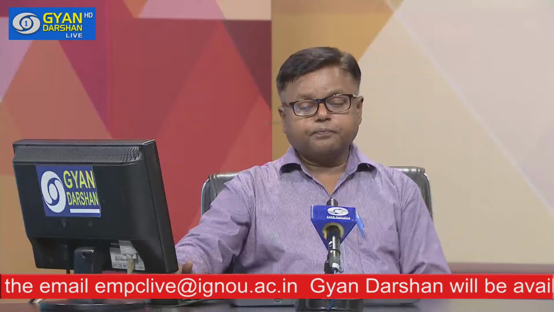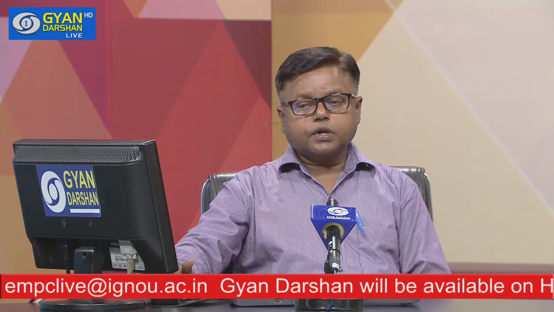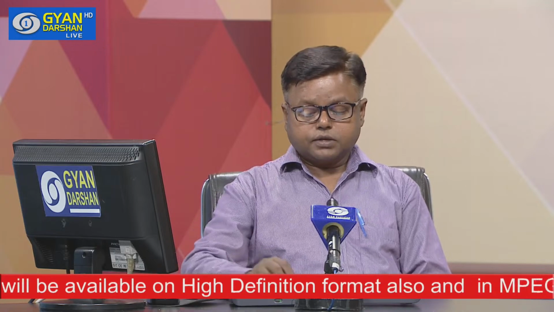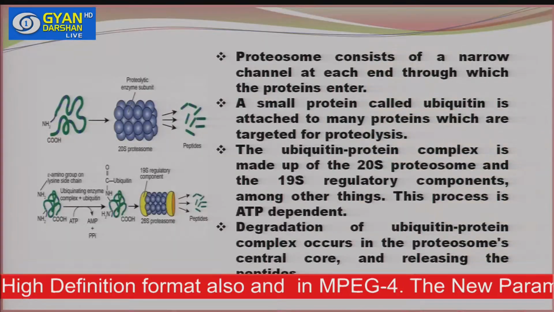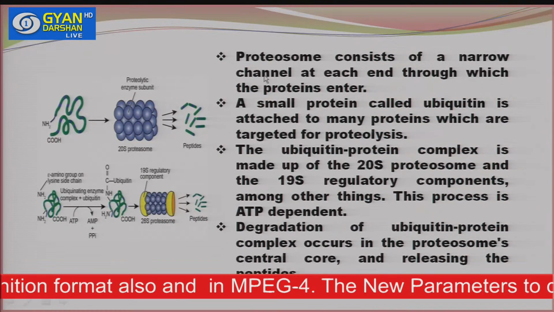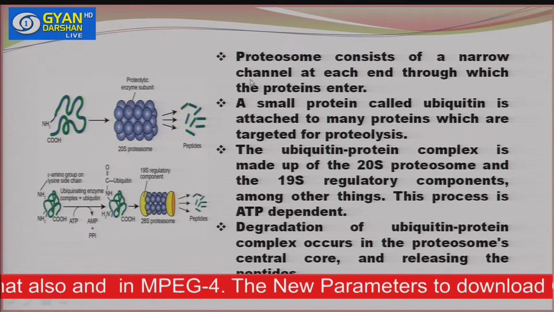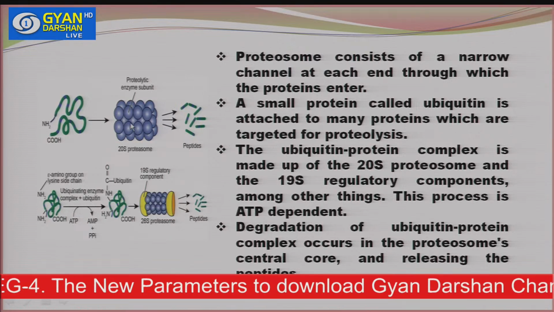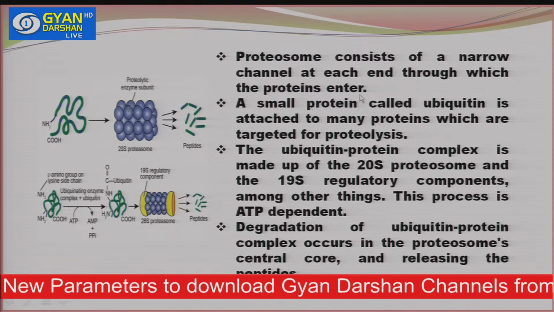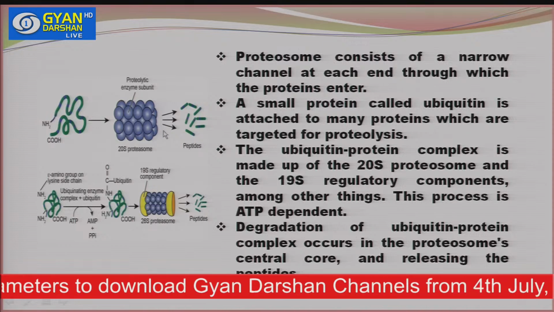These peptides are processed further, and they will be displayed on the surface of the particular cells along with the MHC molecules. The proteasome consists of narrow channels at each end, through which the proteins enter.